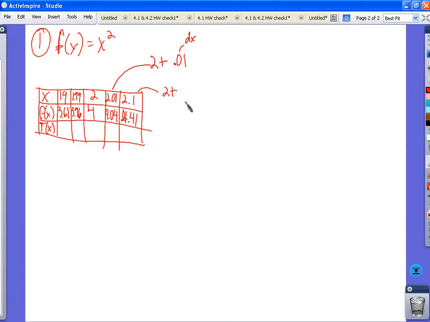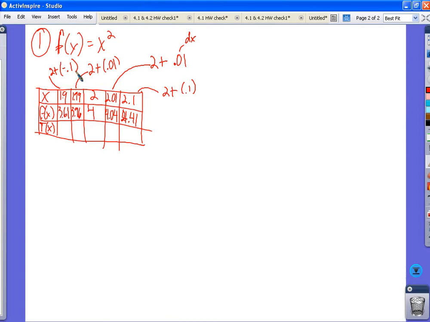How much is delta x? 0.1. Here we have 2 plus delta x. What's delta x in this case? Negative 0.01. This is 2 plus a negative 0.1. Right, because we have to think of it as x plus delta x.